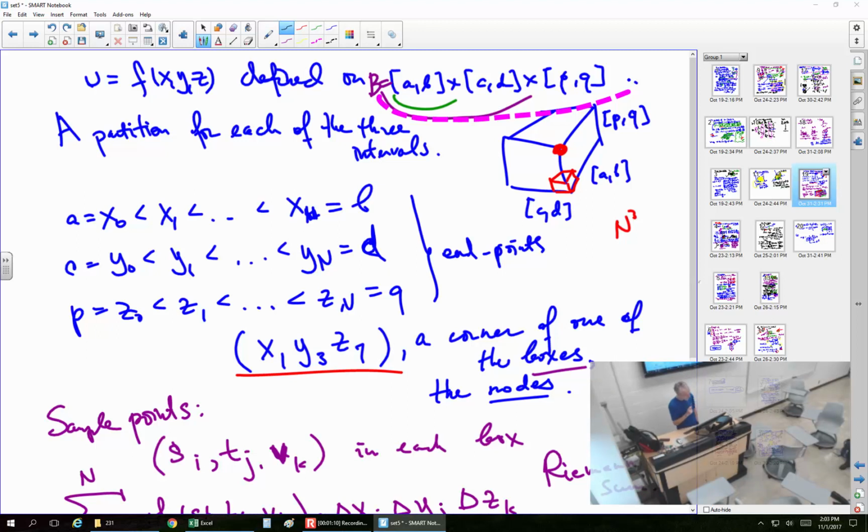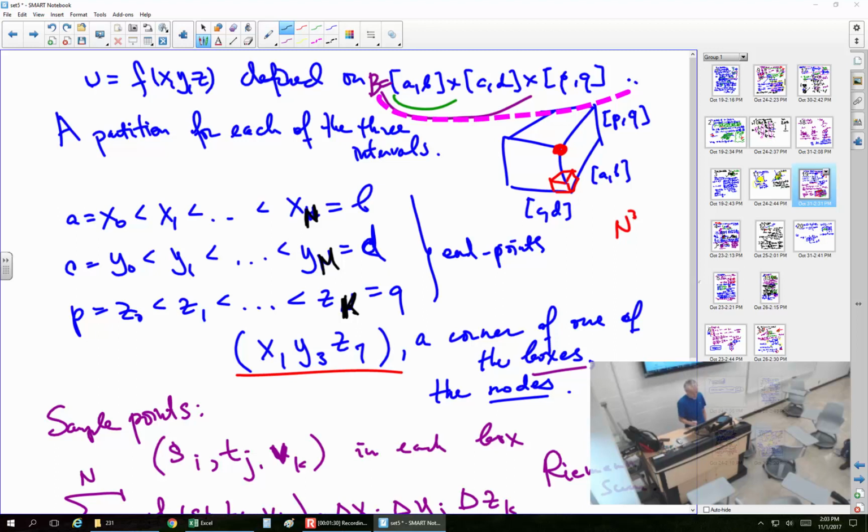non-equal lengths to begin with, and an unequal number of intervals on each of the three segments. So a, b, c, d, and p, q, and they might have a different number of intervals. So say n, m, and k.